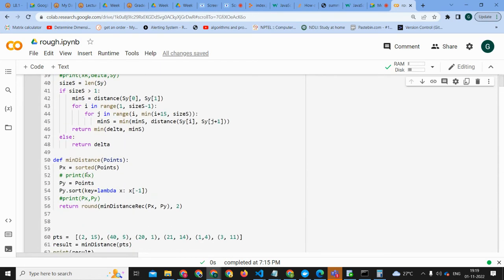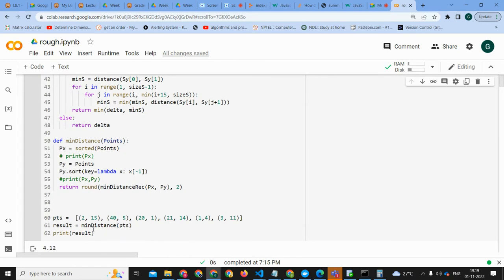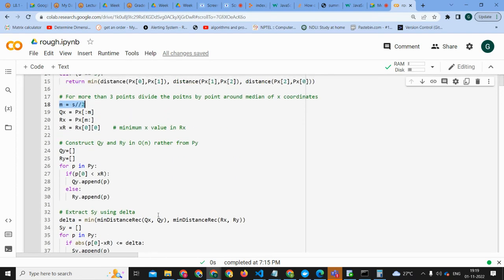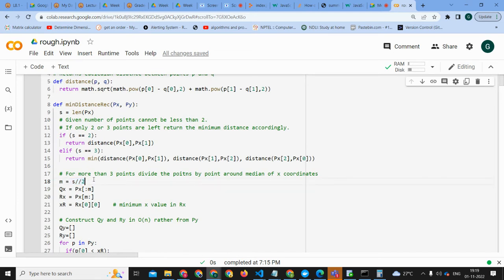As far as I remember, we sent in six points, right? The length of PTS, I mean S, was 6. And m is going to be 3 in this case. All right, so QX is going to be the sorted based on the x-axis, whatever we have, the first three elements, the left 3 points.